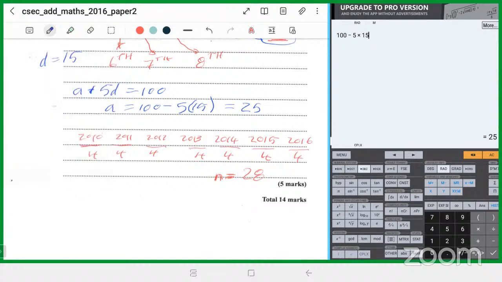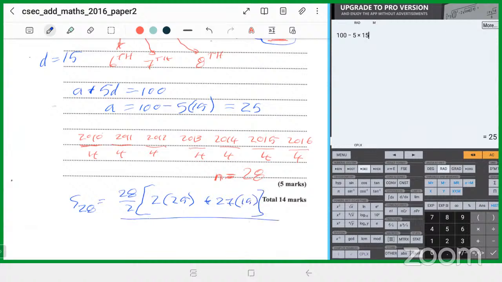The sum to 28 terms becomes 28 over 2 times 2 times A, the A is 25, plus N minus 1, 28 minus 1 makes 27, times D, the D is $15. Work that out and put the dollar sign in front of the answer, and that is it.